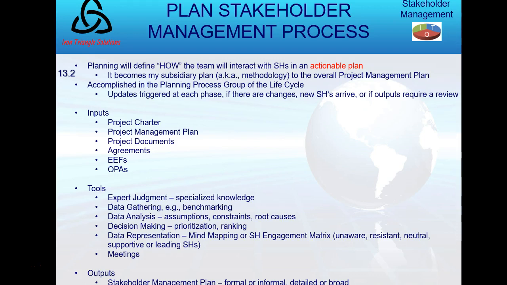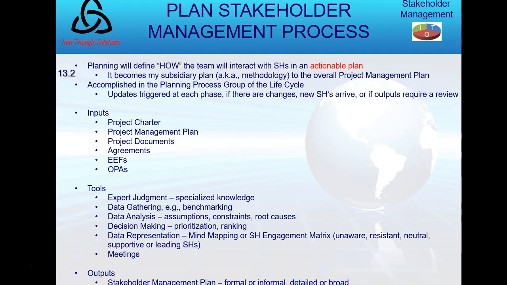Data representation includes mind mapping. Mind mapping means I put the center idea, what I'm trying to achieve, in a circle in the center, and I draw out lines from it, anything that connects to it and how they might be related, a mind map. If you do Google on that, you can see some examples of a mind map. Or a stakeholder engagement matrix, assessment matrix. This is a matrix that supports a comparison between the current engagement levels and the desired engagement levels.